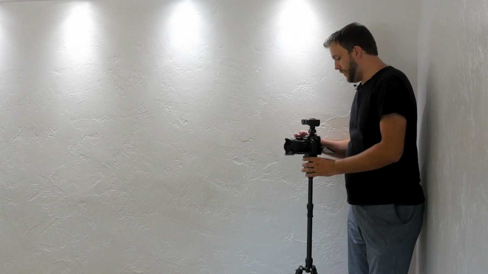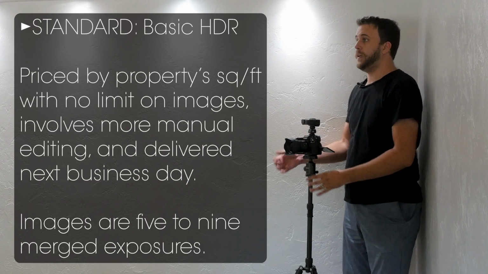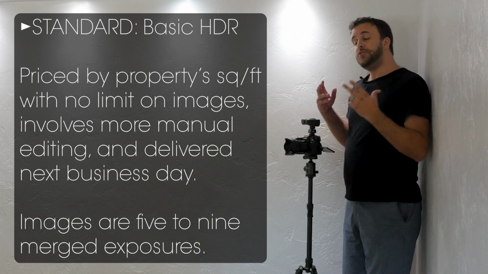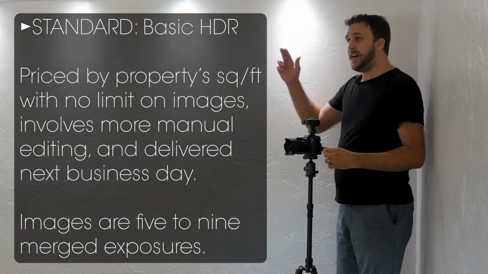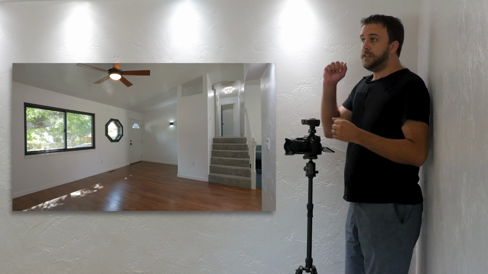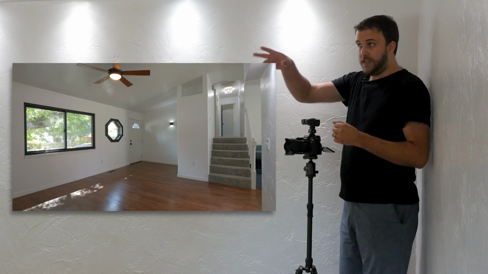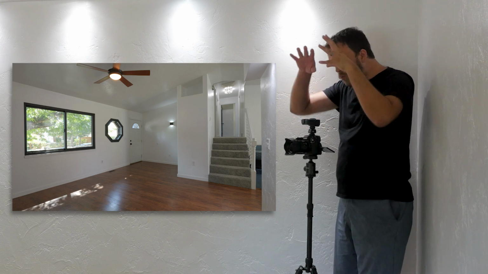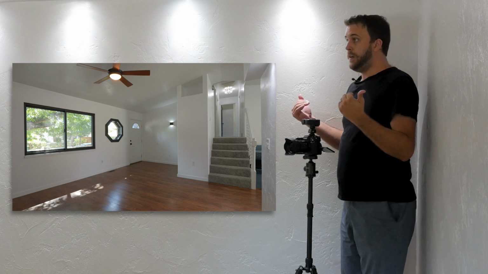Now, the more common photography that I do is standard photography. Now, what this is, it's very similar to the baseline, but it is HDR. HDR stands for high dynamic range. Now, if you're looking at this scene, like from this video here, you can tell that front door right there is kind of in the dark and outside is way brighter than inside.